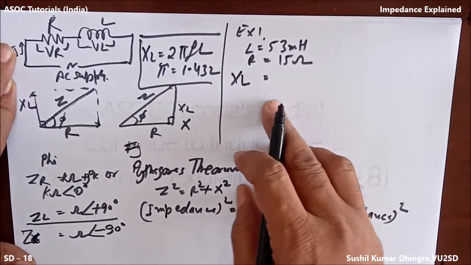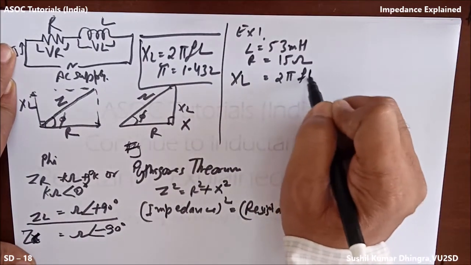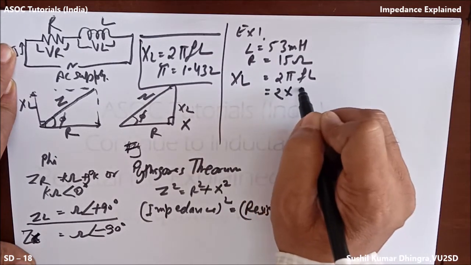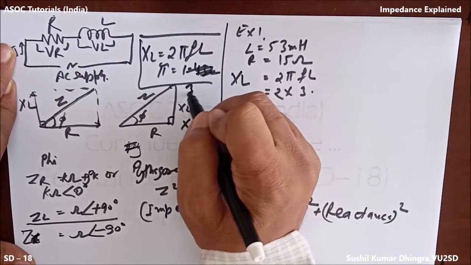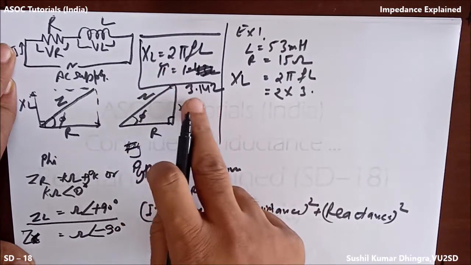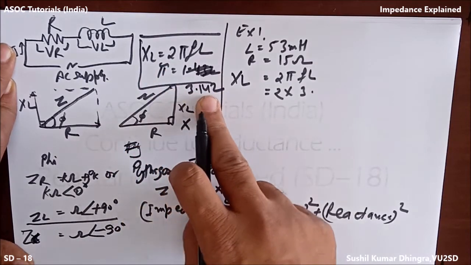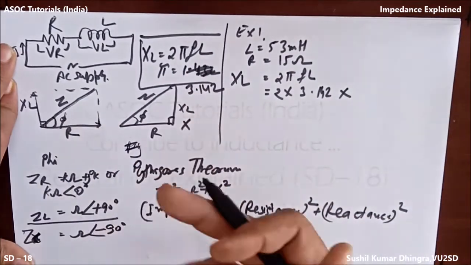So first XL. How to calculate XL? 2 pi FL. Put the value: 2 into 3. Sorry, there is a mistake. Pi is equal to 3.142, or simply we use 3.14. Into what is the voltage?